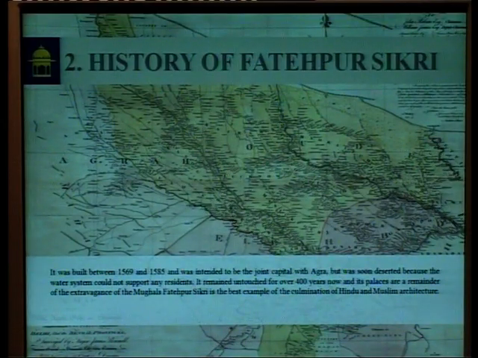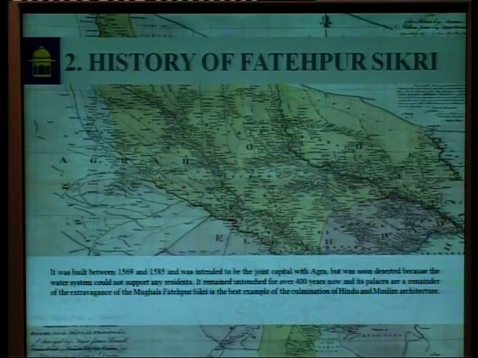In fact, the capital shifted to Fatehpur Sikri for just a few years, and there was a tremendous shortage of drinking water. Since it was atop a hill, on a ridge, the engineers of that time failed to think of a system to get water. So, it remained untouched for over 400 years now, and its palaces are a reminder of the extravagance of the Mughals.